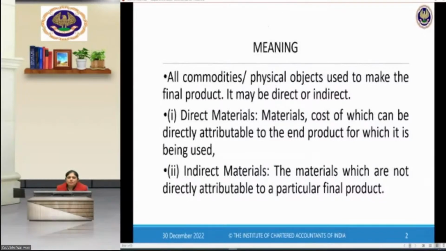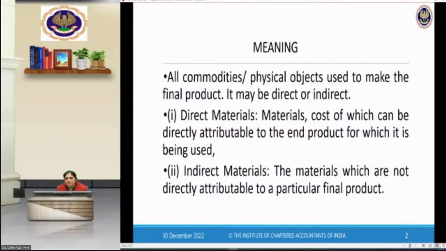So basically, what are materials? All commodities, physical objects used to make the final product. It may be direct or indirect. Any commodity or physical object which is required to make a product is basically material, and it may be direct or indirect.